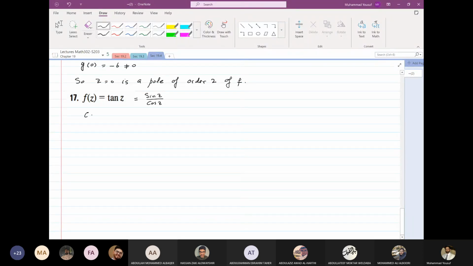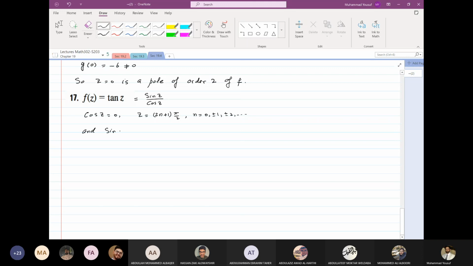So we look at the denominator and we know that cosine z equal to 0 for z equal to 2n plus 1 pi over 2, where n is 0 or plus minus 1, plus minus 2, and so on.